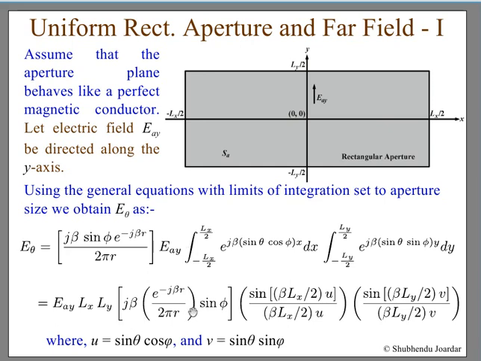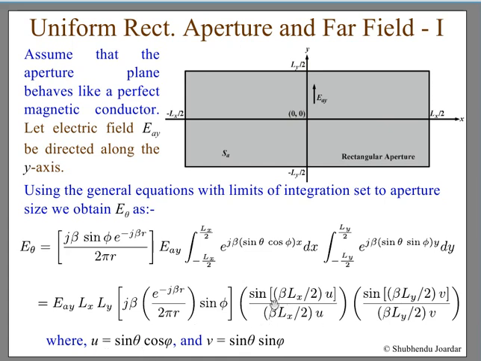And finally what you get is something into a sinc function. So you see this is a sinc function, sin A by A or something like that. Sinc function, you know that it will have many ripples, and these ripples in this case will be the side lobes. The major lobe will be at the center, and there will be side lobes when you plot this one.